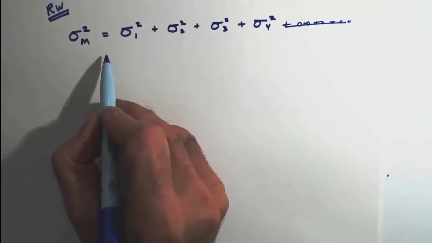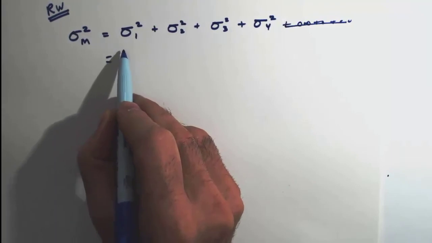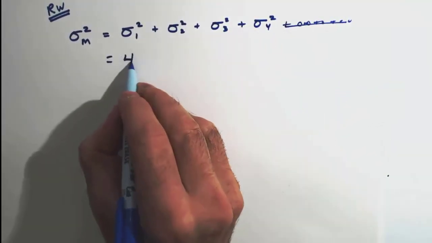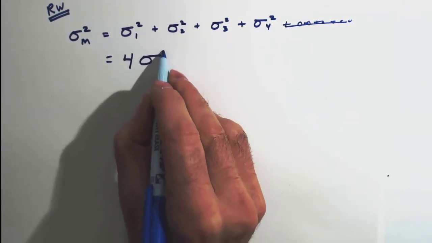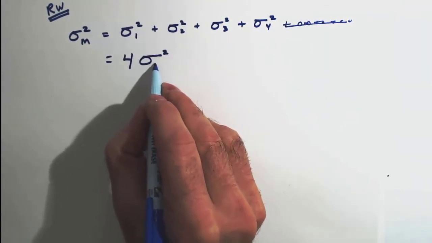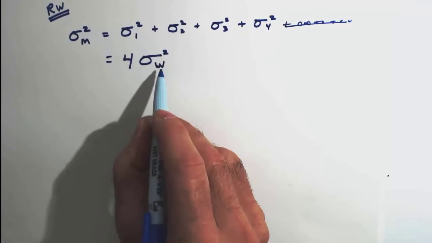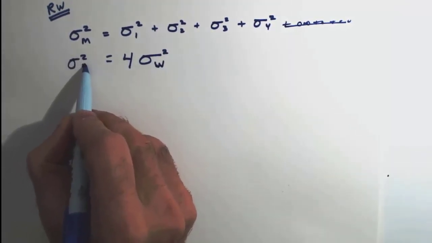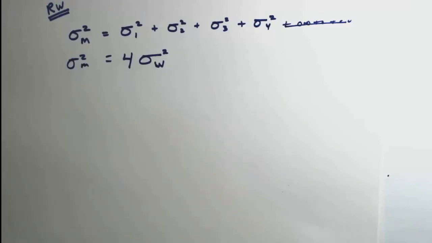And so what we have is, if we assume that the variances are the same each week, 4 times the variance of the average week. Okay, I'll call it W here. So the variance of 1 month is 4 times the variance of a week in that case.